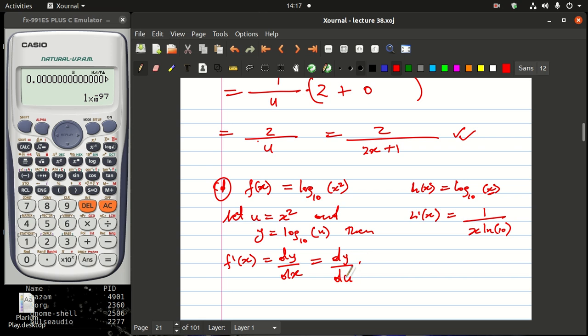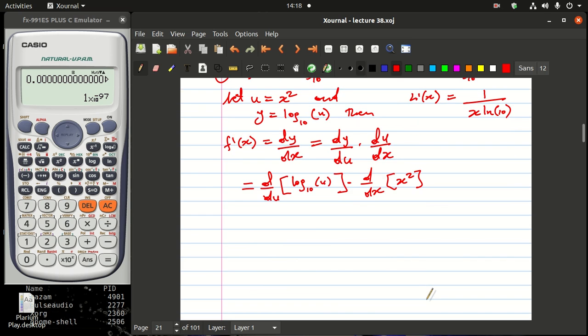Because I have this new du now, it has to be taken out by doing the same thing with du dx. And if you look carefully, I will have d du of log base 10 of u, and then dx of my u, which is just x squared. So how can I take the derivative?